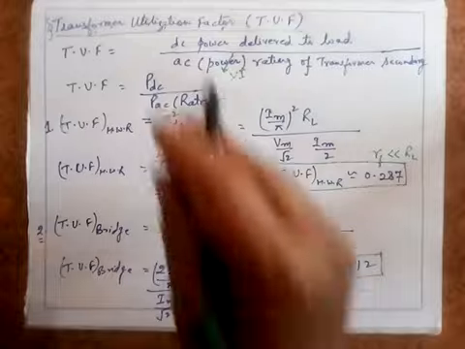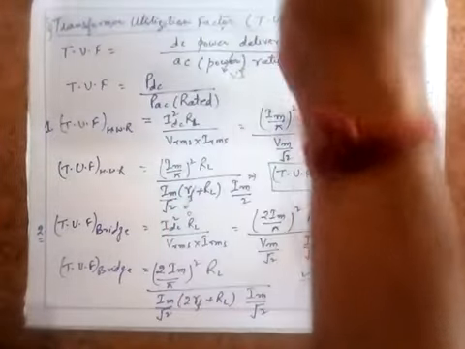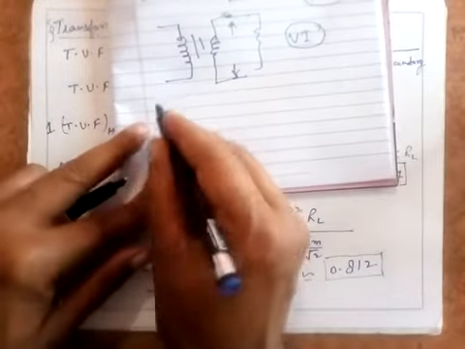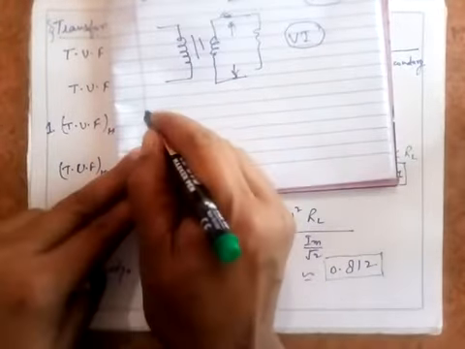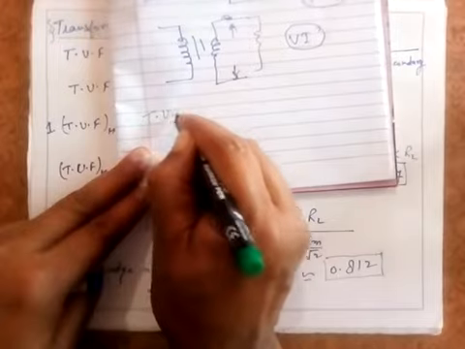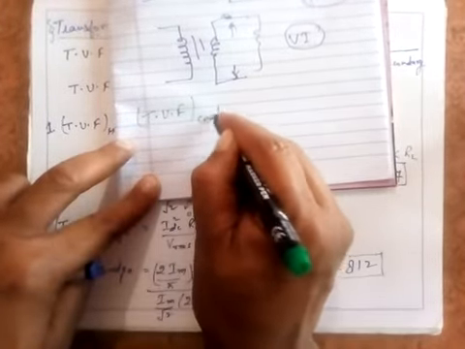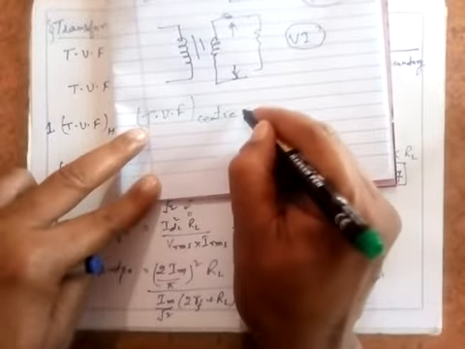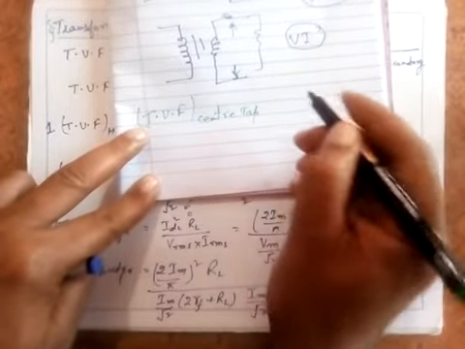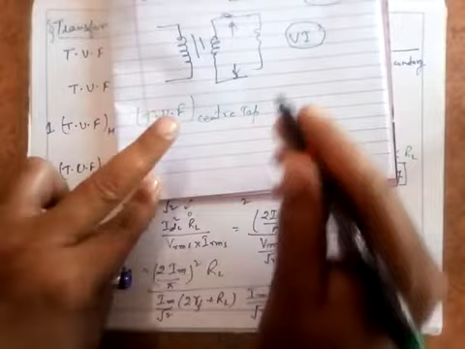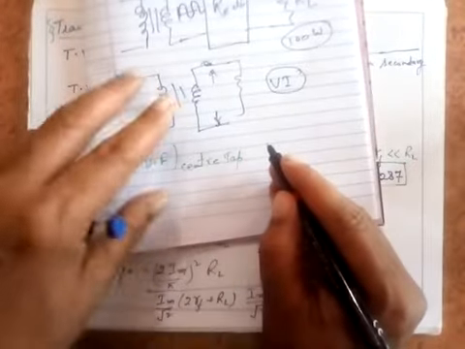Let's take one last term here. What is the TUF of a center tap? This is the last article I am dealing with here. It is quite simple if you know these two. The center tap is a combination of two half waves, as I told you in the beginning. So 2 half wave plus 1 primary.